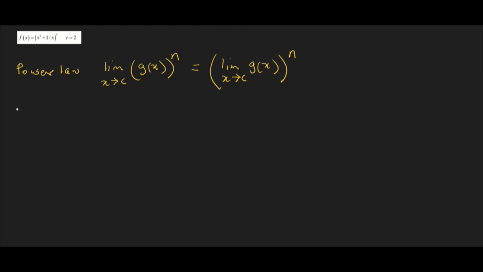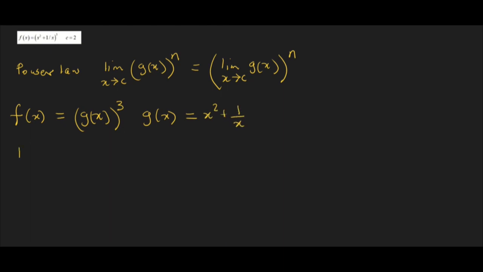So in this case we can define f of x as being equal to g of x cubed, where g of x is equal to x squared plus 1 over x.